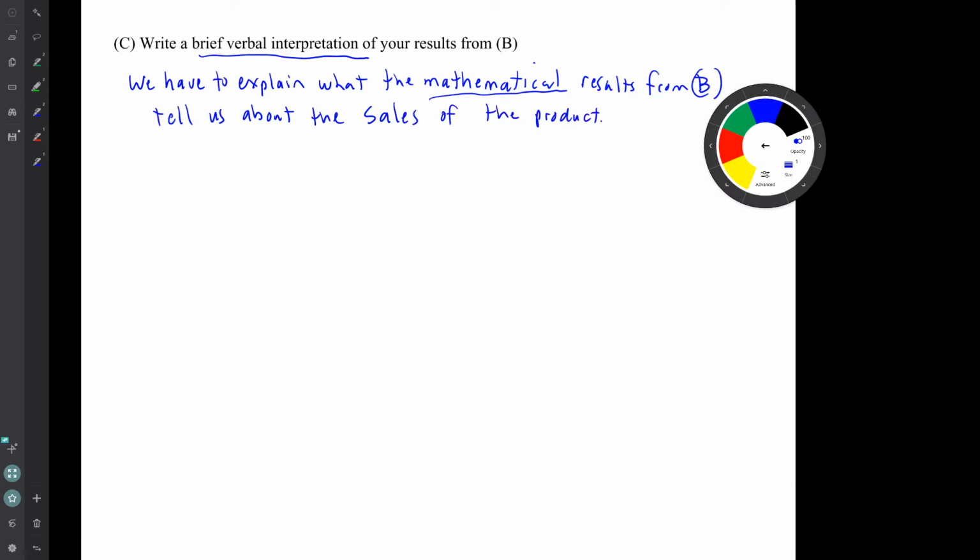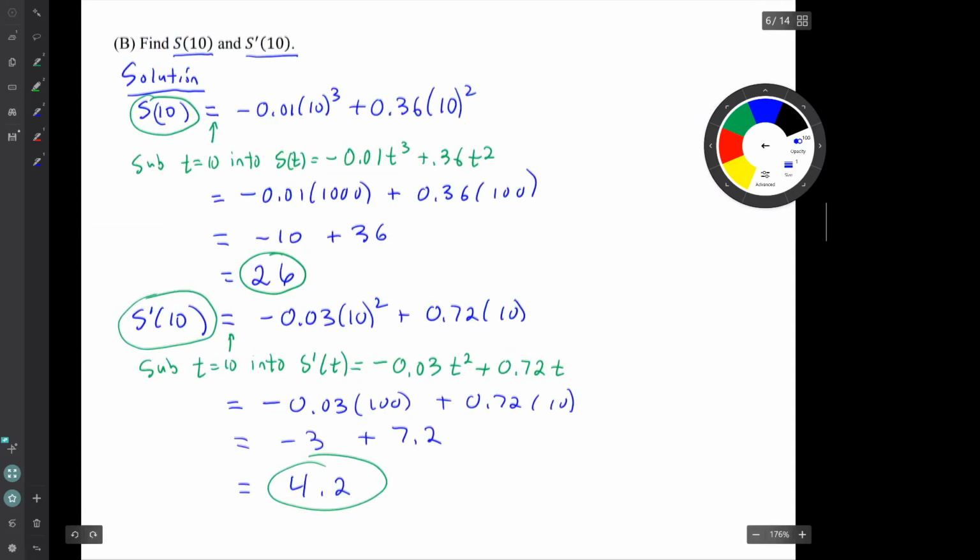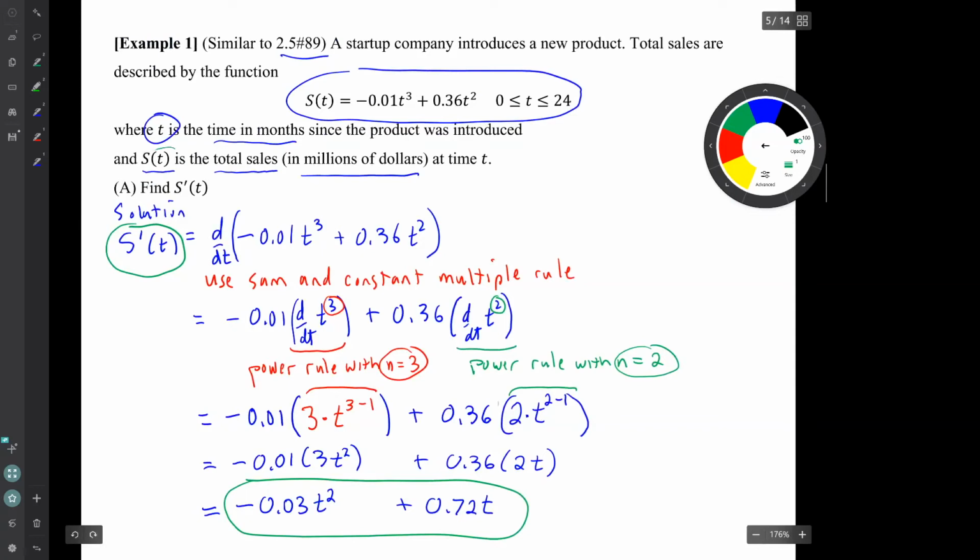Let's go back and look at those results from B. One result from B was this, S(10) equals 26. Well, what is the function S telling us? Let's go back up and look at that. S of t is the total sales in millions of dollars at time t.